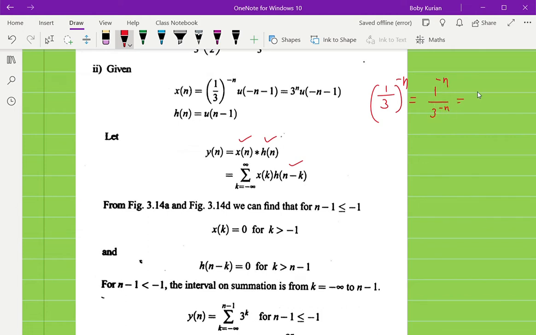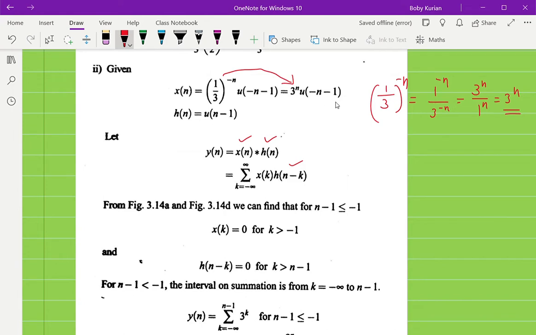So 1 raised to minus n will go to the denominator, and 3 raised to minus n in the denominator can be put in this way, that is 3 raised to n. So 1 by 3 raised to minus n is nothing but 3 raised to n. So our first signal is 3 raised to n u of minus n minus 1.